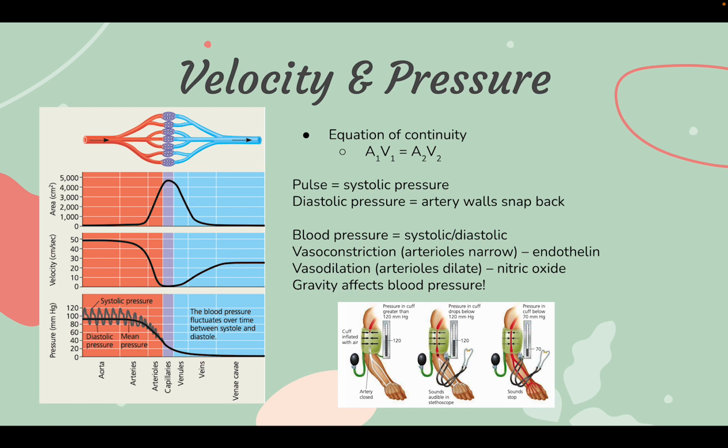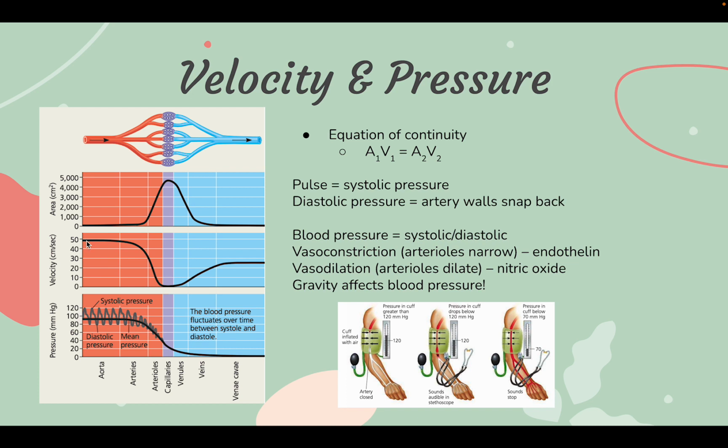However, there's so many capillaries within your body that their combined cross-sectional area is actually pretty huge. So you can see in this first graph here, the cross-sectional area of arteries and veins is like nothing compared to the cross-sectional area of capillaries. And according to our equation of continuity, that means that blood has to go pretty darn slow through those capillaries.